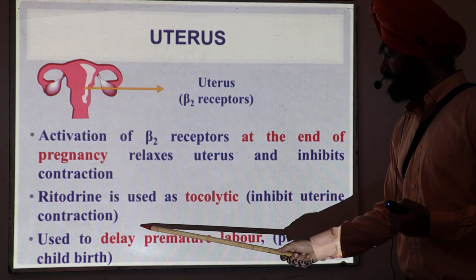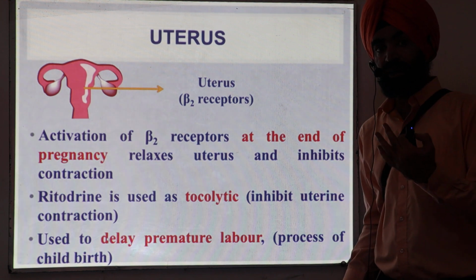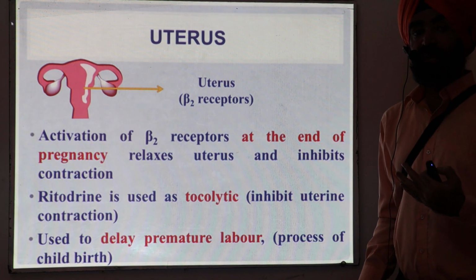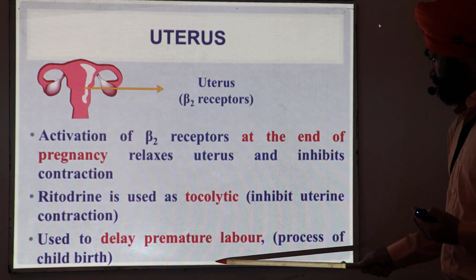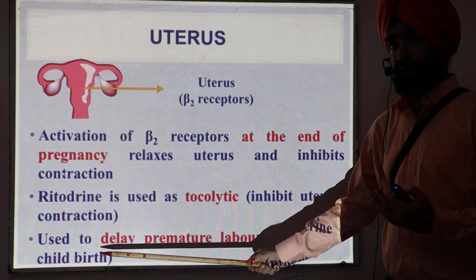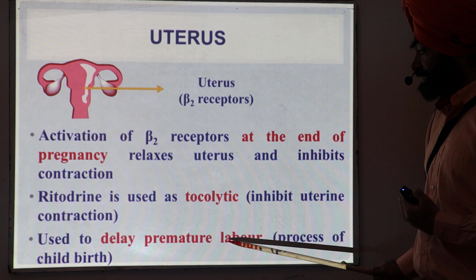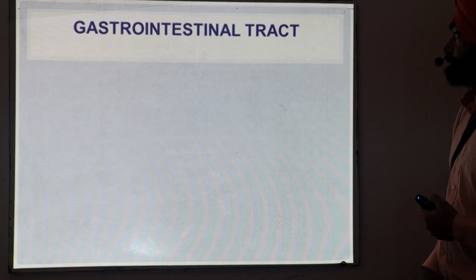If there is a premature labor, and you want to delay it, labor meaning the process in which there is expulsion of the fetus, in that process you can delay the premature labor using ritodrine.